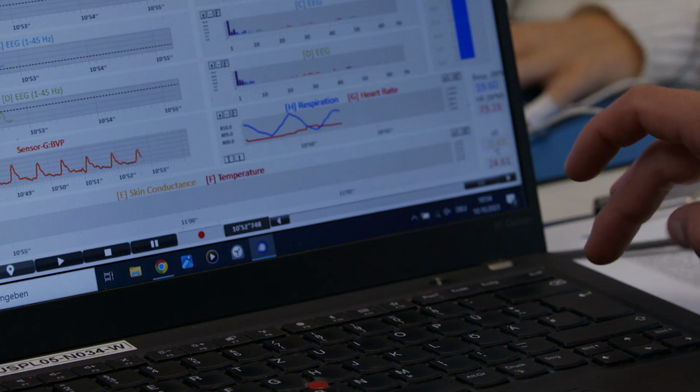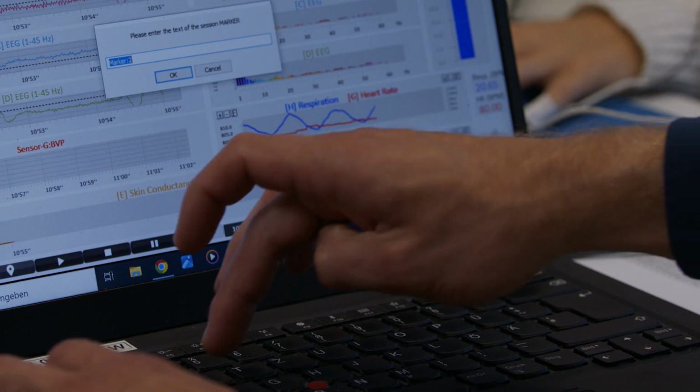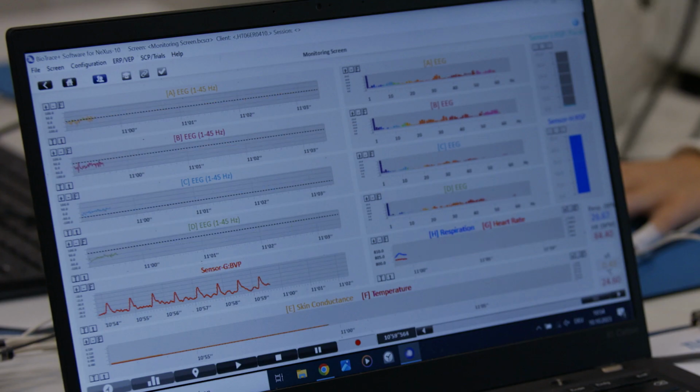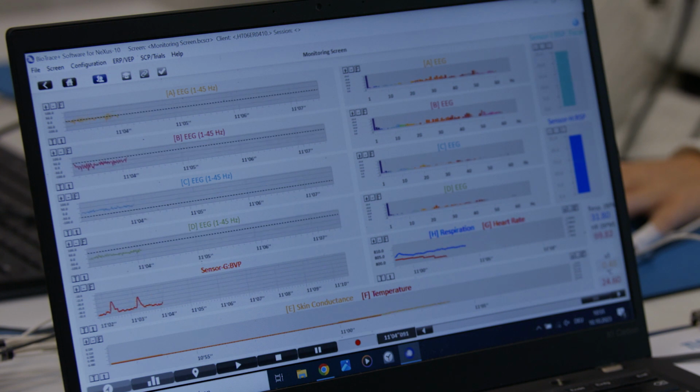Now, after 5 minutes, we set another marker for the end of the resting measure. Now we have a baseline of the activity of the central nervous system and the autonomic nervous system.